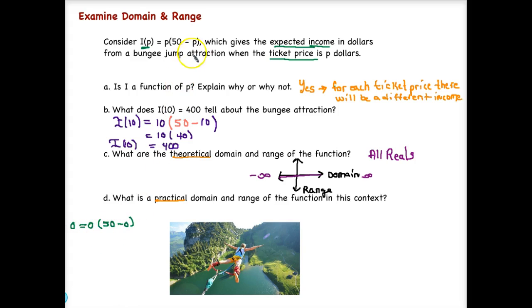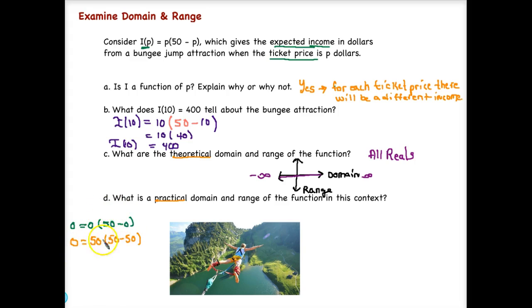But at what point can we go up here in price and still make money? Well, let's look at this. 50 minus P. Well, at some point this is going to become 0, and then we would have 0 income again. Well, if we change this and say that we have a ticket price of $50, 50 minus 50 is 0, and 0 times 50 would still give us 0.